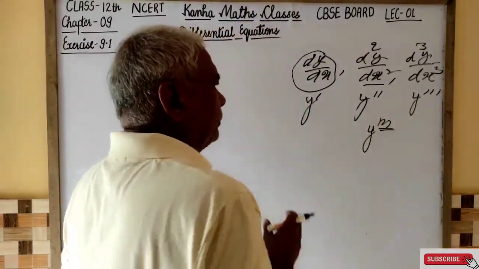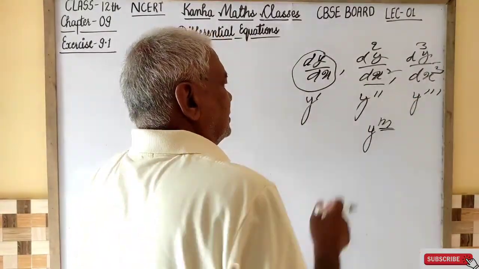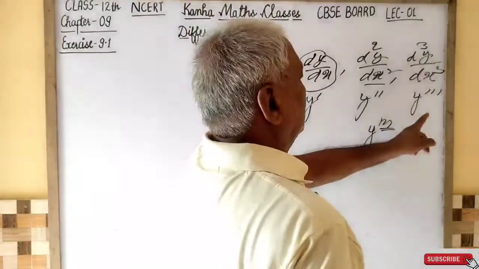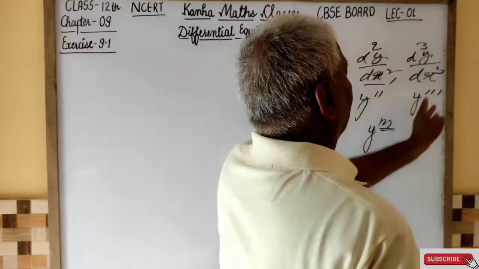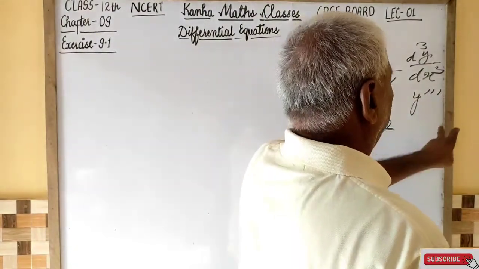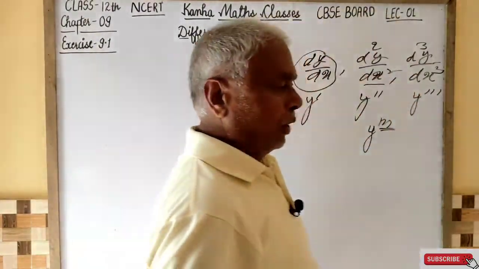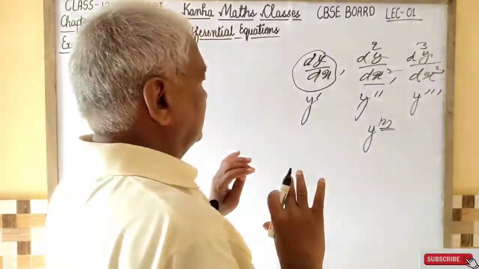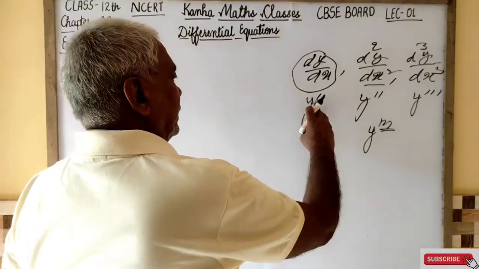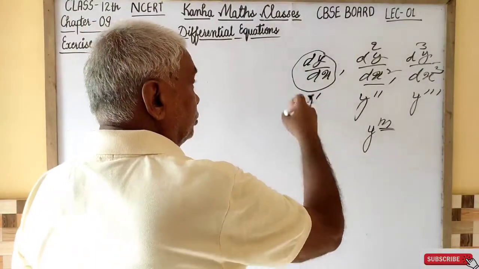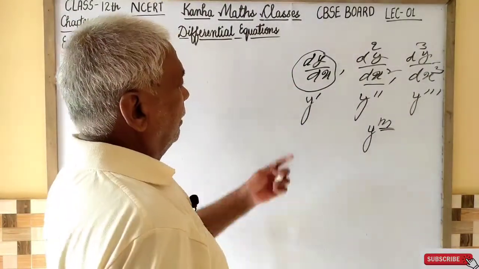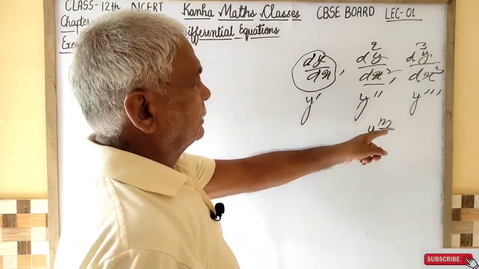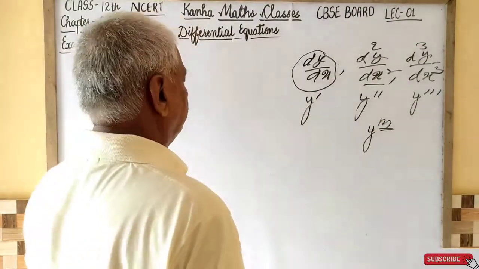By the way, if you extend this ideology, the next derivatives will be fourth, fifth, sixth, seventh, and so on. But for the convenience of simplicity, in this topic we generally use y dash, y double dash, y triple dash.